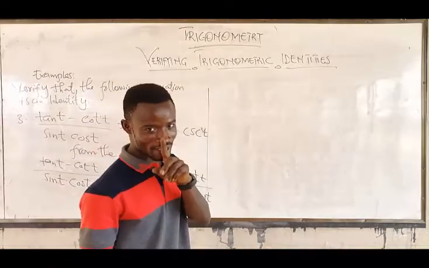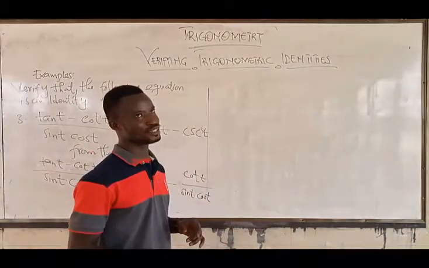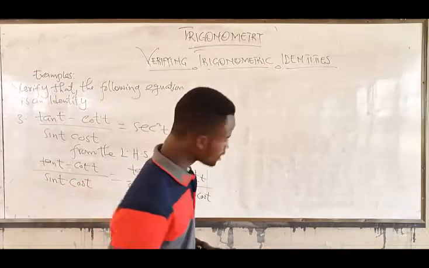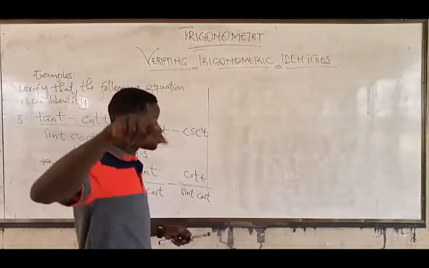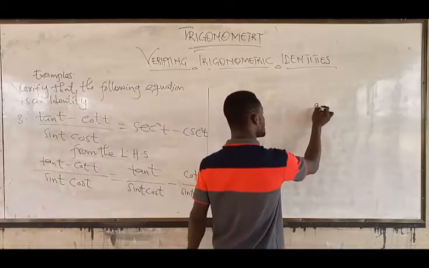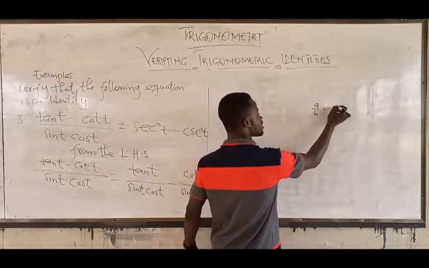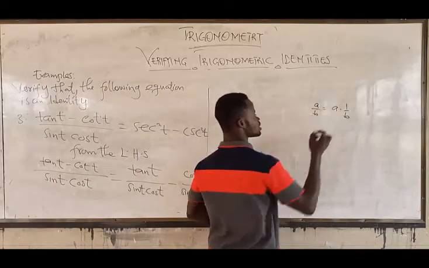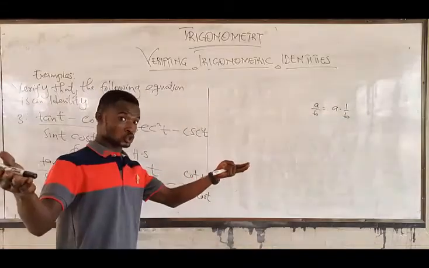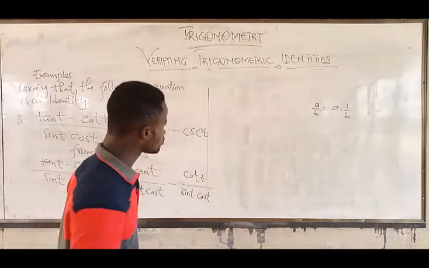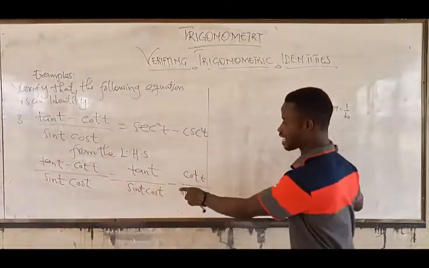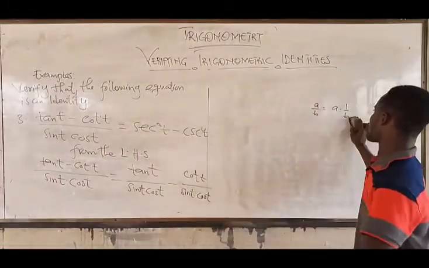Now, we are going to do something. Okay. You know that A over B is the same as A times 1 over B. True. Alright. Then we can rewrite this in this form.